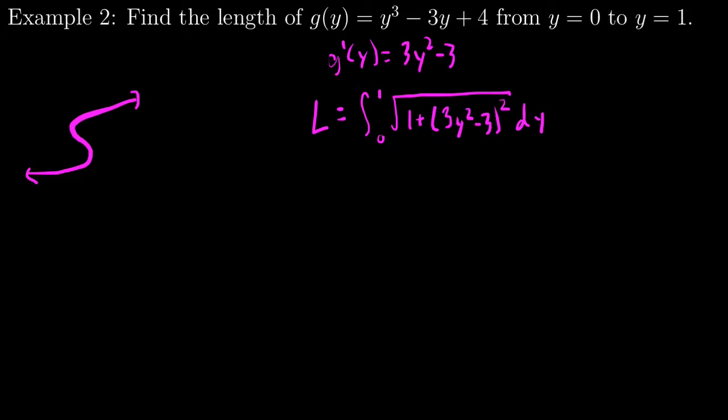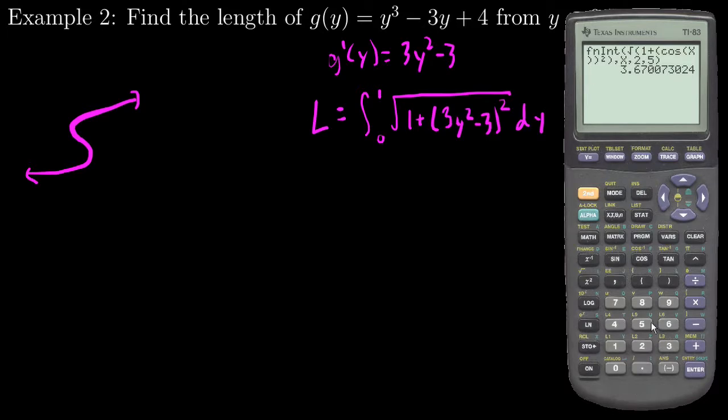It's actually pretty easy to get in. In the calculator, I have the choice to either do things in terms of y, so I could type it all in, math 9. I have the square root of 1 plus, and I need to open up the parentheses. I could expand this, but that just is more opportunity to mess up, so I usually just like to put it in as is.